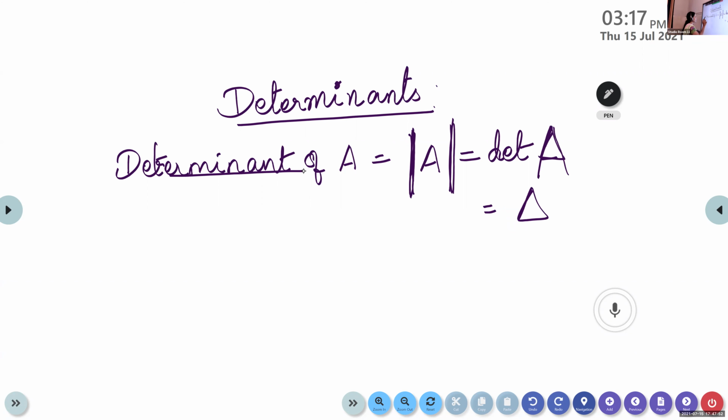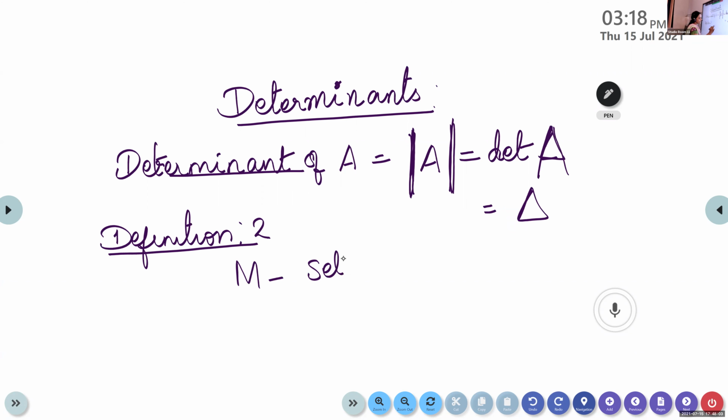This determinant can be defined in another way. The second definition is like this. Let capital M be the set of all square matrices.